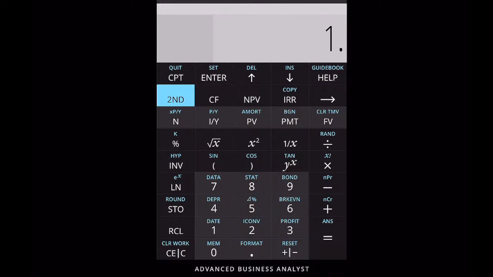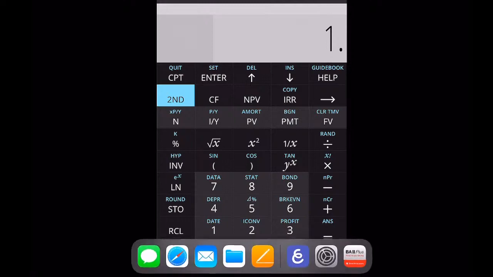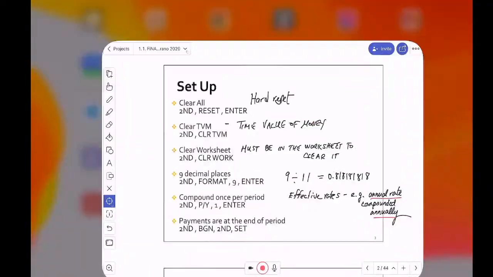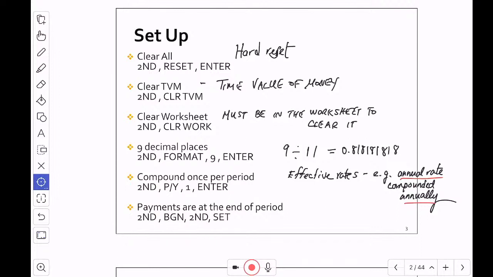You need to make sure that that's 1. All right. Any questions so far before I do the last one?